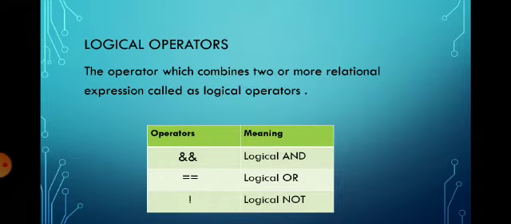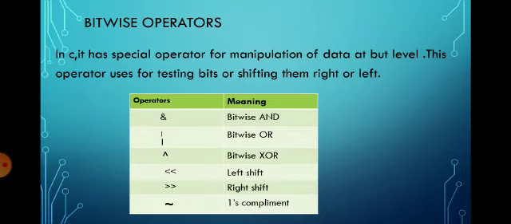Logical operator. The operator which combines two or more relational expressions is called a logical operator. Example: logical and, logical or, logical not. And these are the operators. Bitwise operator. In C, it has special operators for manipulation of data at bit level.